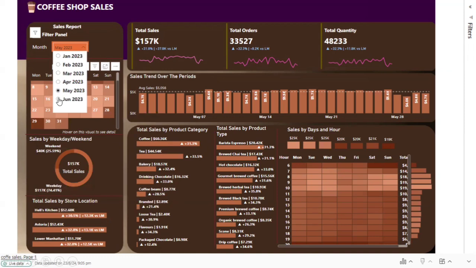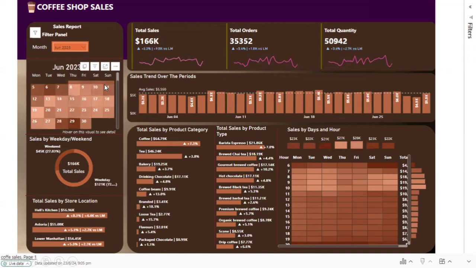If we go to June of 2023, it also increased, but there is not much difference. It is a positive change, but we can't say there is much of an increase, because there is only a 6.2% increase and a 9.8K increase in sales. In total orders, we got 35,000 plus orders, with 1.8K new orders compared to last month, a 5.4% increase in total orders.